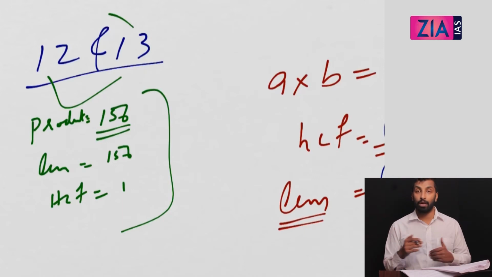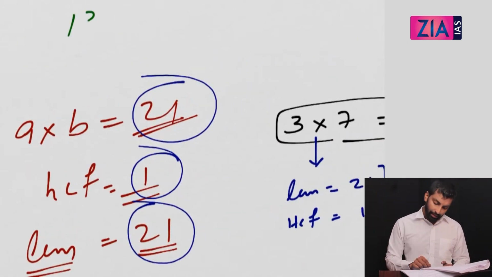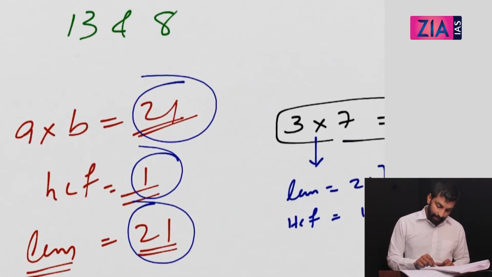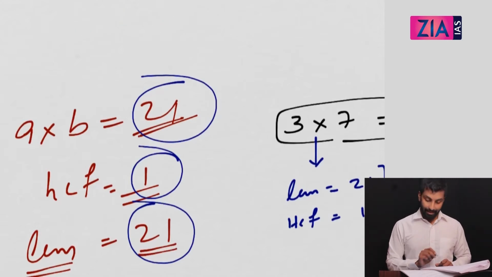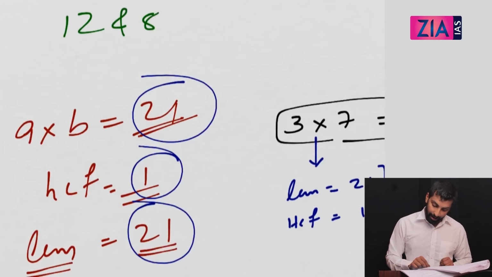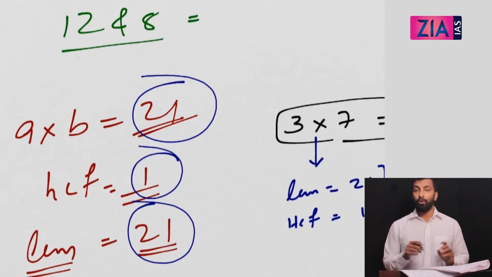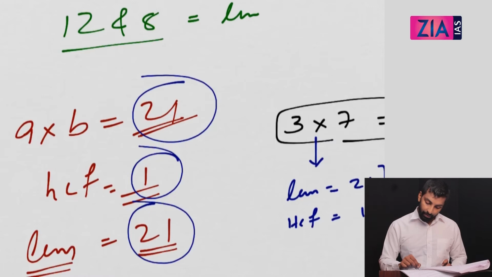So let's not take consecutive numbers, let's take two numbers which have some distance. Okay, let's take 13 and 8. Or let's take some numbers where there is a common factor. Let's take 12 and 8, then you may feel some difficulty. Now what is the LCM?